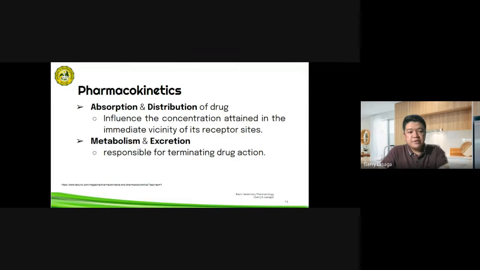For example, for those drugs with a shorter stay in the body, the duration of their effect would also be shorter as compared to those drugs which stay in the body for a longer period.